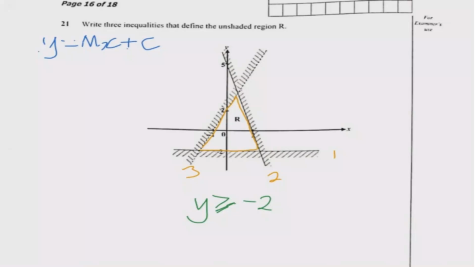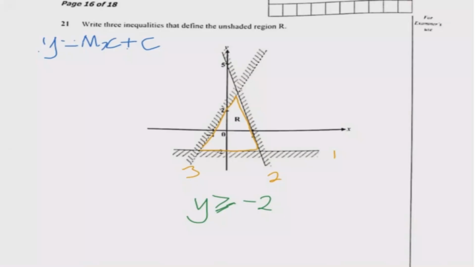This line is passing here. When you look at the point where this line passes through the x-axis, that is on 2, positive 2.